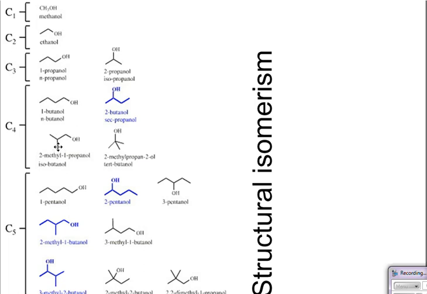Or one of those carbons could come off and form a methyl group, giving me another isomer. Or they could all come off, giving me 3 methyl groups and the hydroxyl group, giving me a 4th isomer of 1-butanol. All of these will have very, very different properties from the original structure.